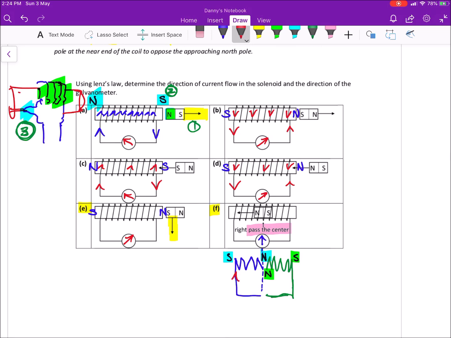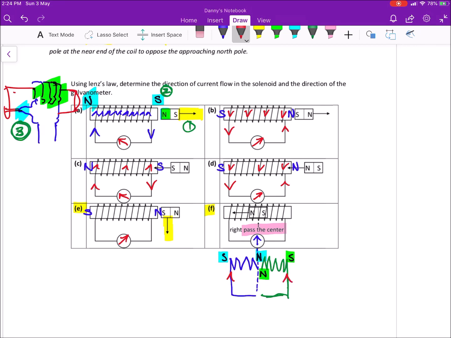Then if you look at the right half of the solenoid, in order to have north on the left and south on the right, you will have the current like that. So the induced currents actually neutralize each other.